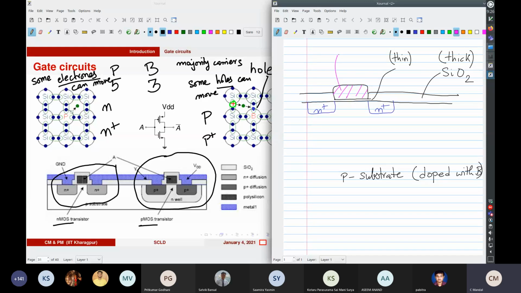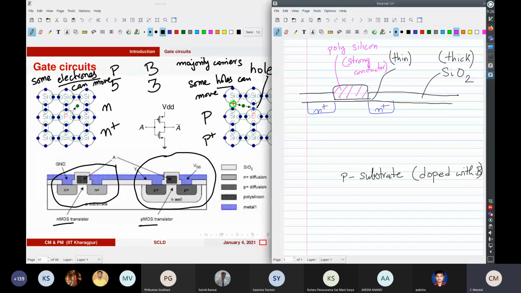This is called polycrystalline silicon. So this is, you can say, a strong conductor. So here what happens is you basically have a strong conductor between these two N wells.